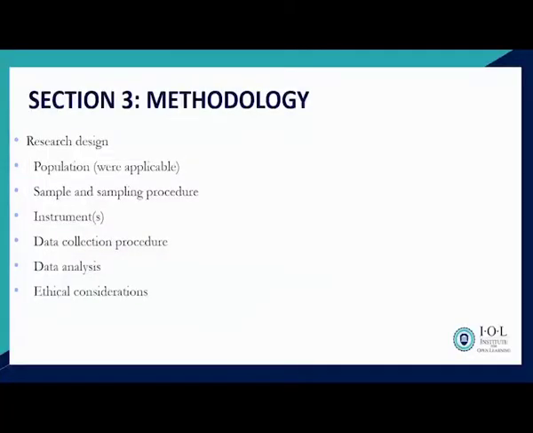Okay, let's move on to our section 3, that is methodology. Remember our proposal only has 3 sections. We have section 1, introduction, section 2, literature review. Now we are at the last section, that is methodology.